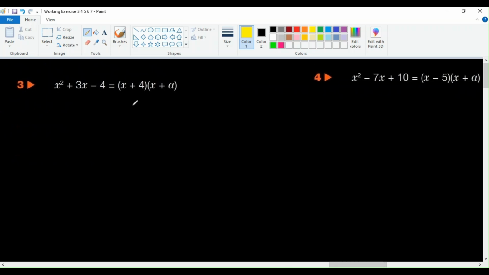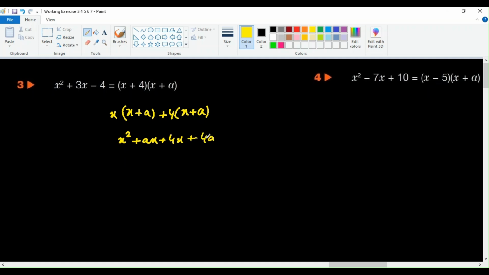Now when it comes to question number 3, I will write x plus a two different times, and I will multiply first with x and second with x plus 4. So this is going to give us x square plus ax plus 4x and plus 4a.